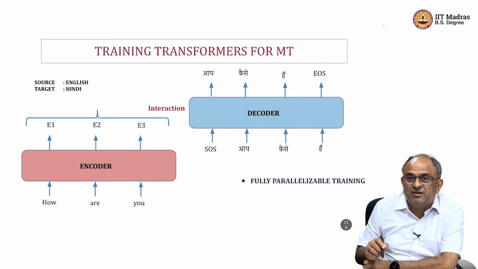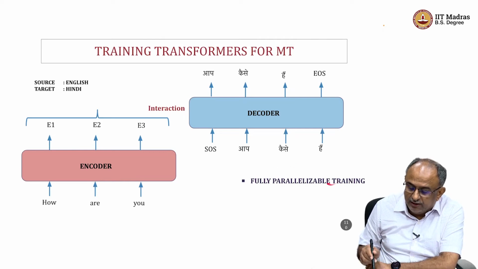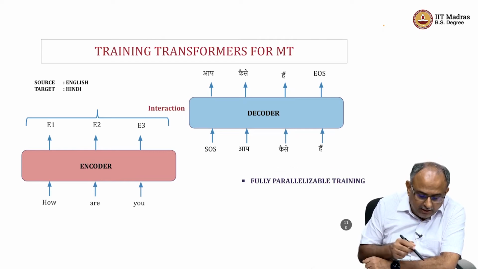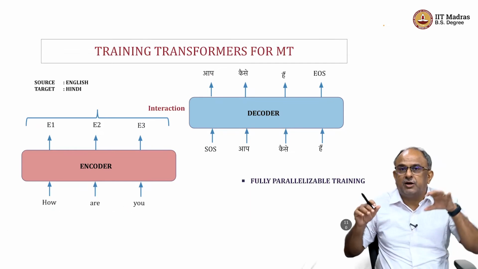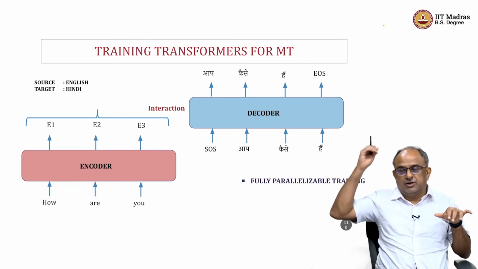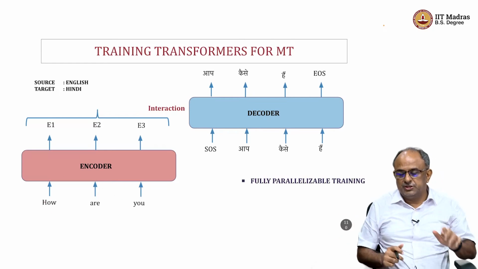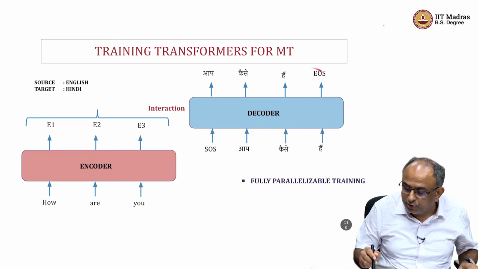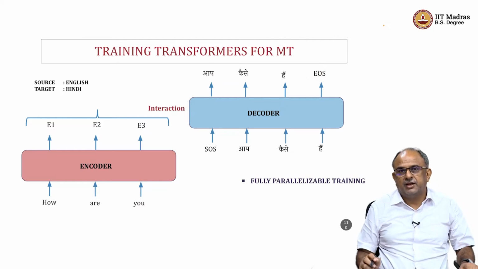Okay. Now, is it parallelizable? Okay. So, we are talking about training. Now, when we train, I know the sentence how are you, right, and training means what? I have the correct answer also, right. So, I am going to feed how are you, the English words, here. I expect the output to be correctly produced as aap kaise hai, end of sentence, correct.